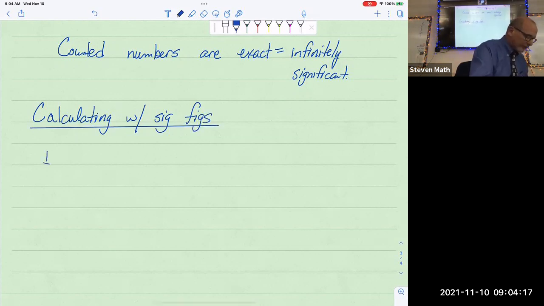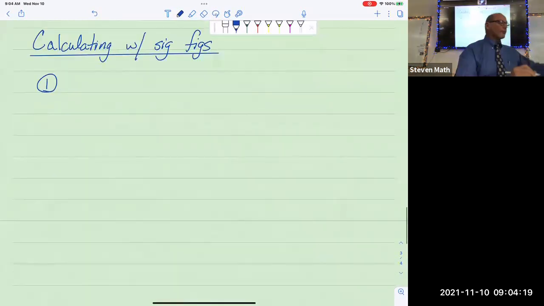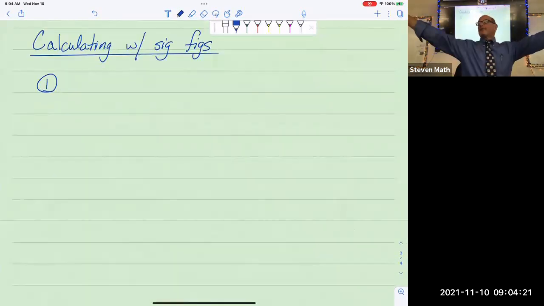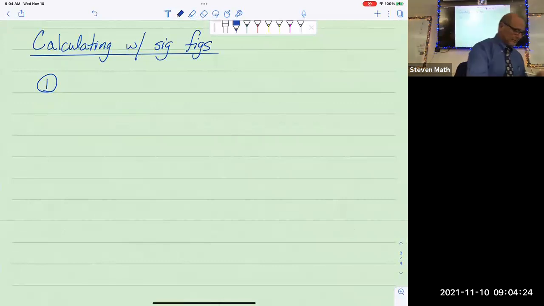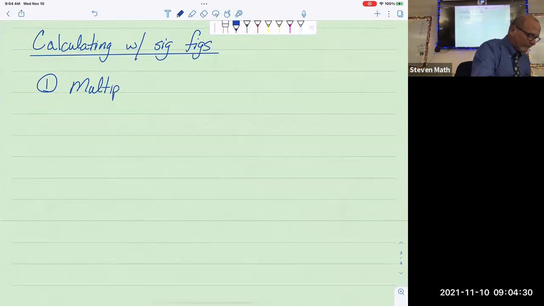Let's start with the easy one. There are 2 rules. There's a rule for multiplying and dividing, and there's a rule for adding and subtracting. We do a lot more multiplication and division here. Here's the rule.